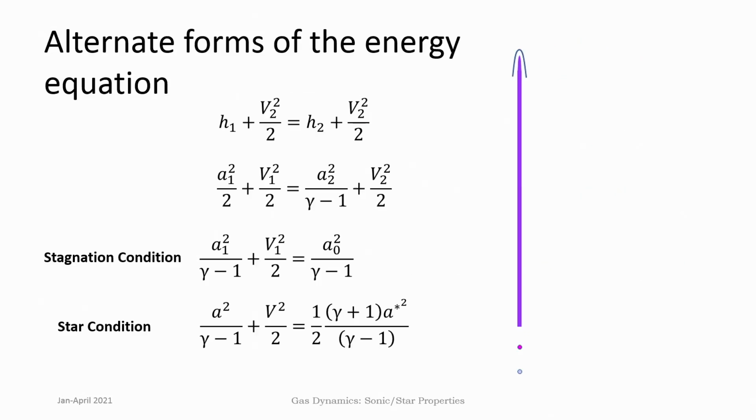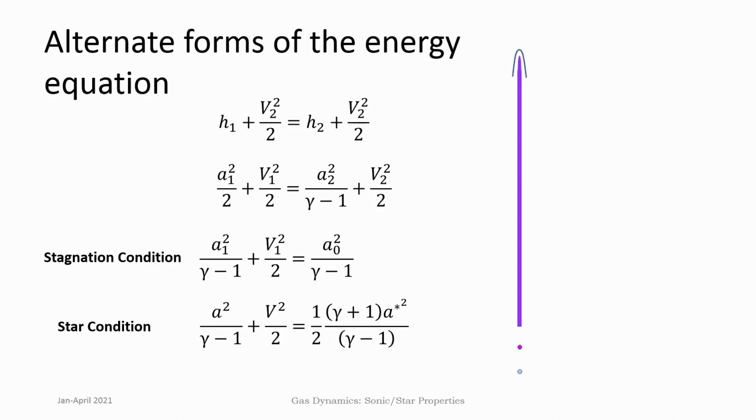Also, at this point, this energy equation can be written and manipulated algebraically to different conditions, which is useful in many gas dynamic analyses, and particularly we will see as we go on when we look at shock waves and their analysis.